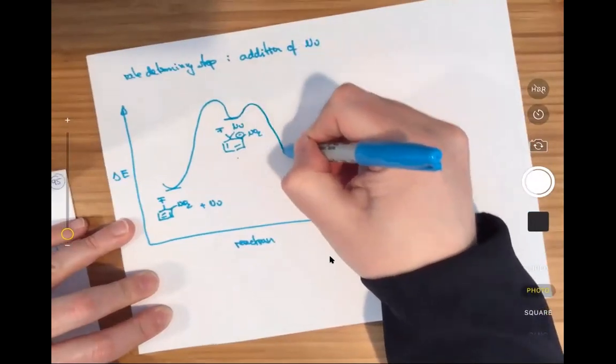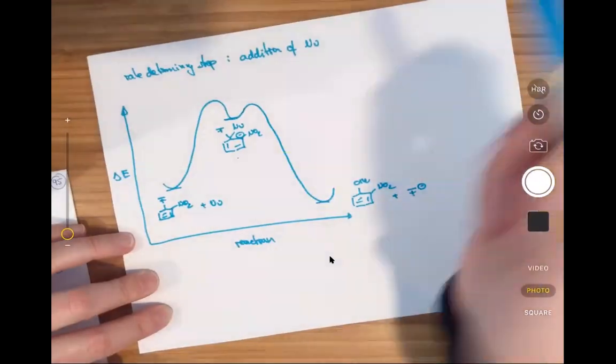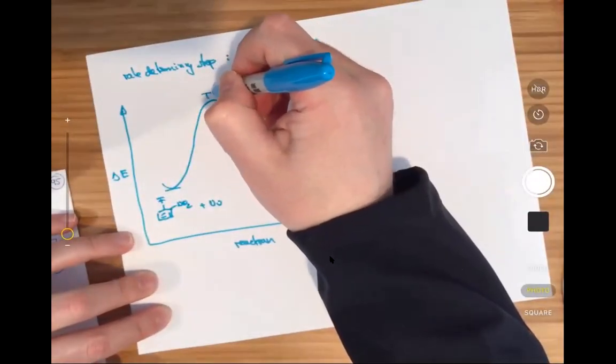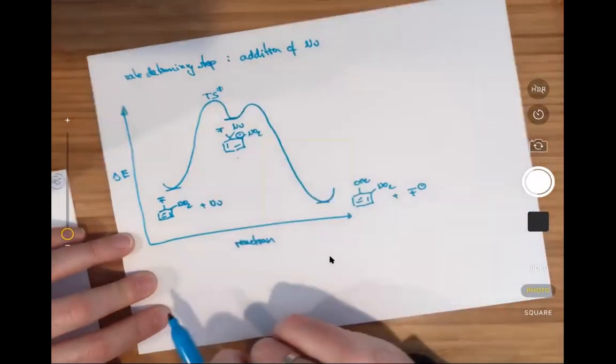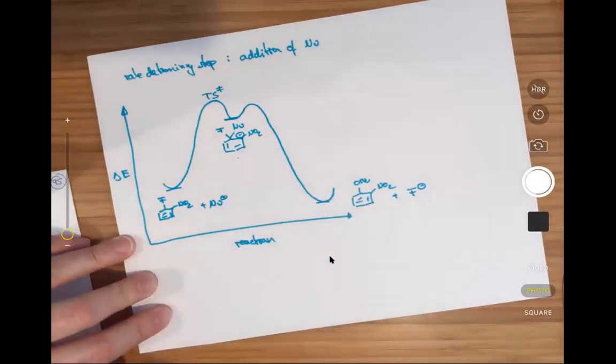So this is a lower barrier, and it goes down, down here. So the rate determining step, this is the rate determining transition state here. And this is associated with the attack of the nucleophile onto the aromatic ring.